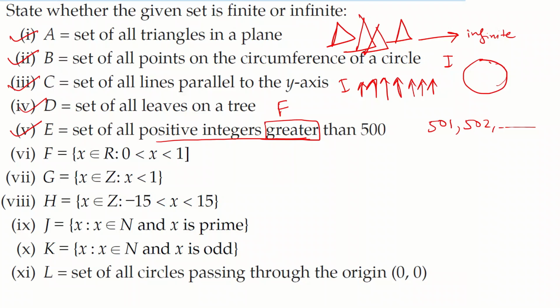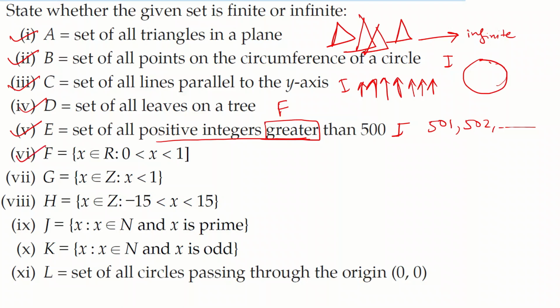So this set is actually an infinite set. Can you tell me whether it is countably infinite or uncountably infinite? Yes, it is countably infinite because you can go on counting 501, 502, 503 and so on. So this is countable, but it is infinite.